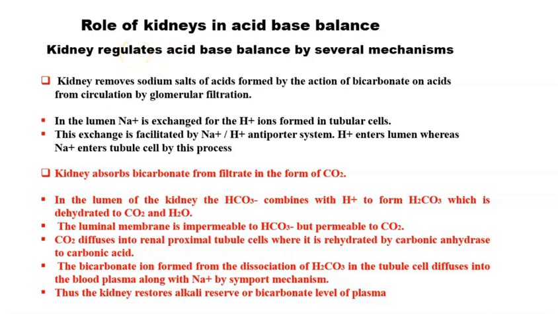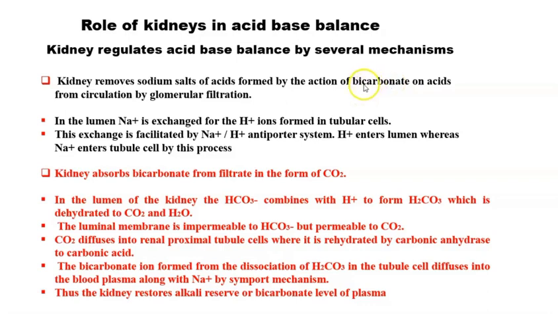Mechanism number one says that the kidney removes sodium salt of acid, formed by the action of bicarbonate on acid, from circulation by glomerular filtration. When the waste together with the blood comes to the kidney and there is filtration, sodium is removed while bicarbonate is absorbed.